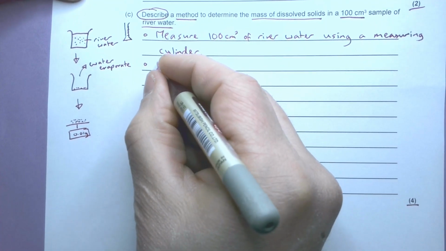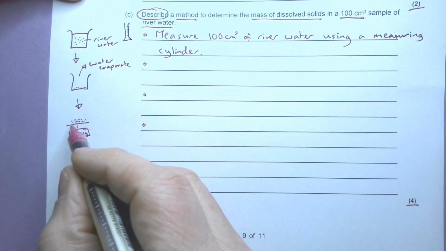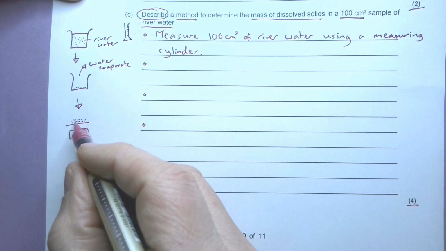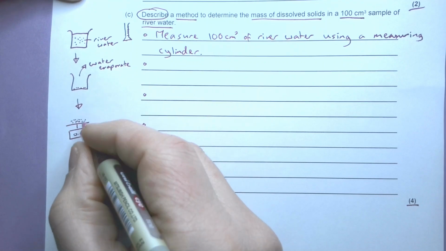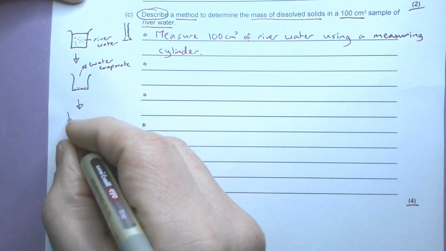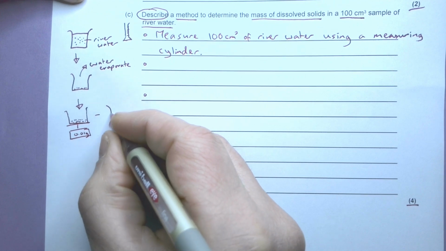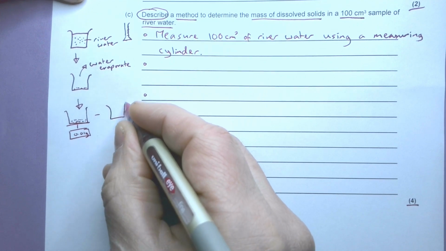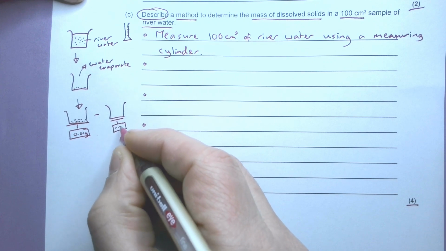I'm then going to pour the water. In fact, before I do that, I need to know the mass of this, but I'm not going to scrape everything out of here. So to find the mass of this, I'm going to measure the mass of that beaker minus the mass of the empty beaker, whatever that's going to be.